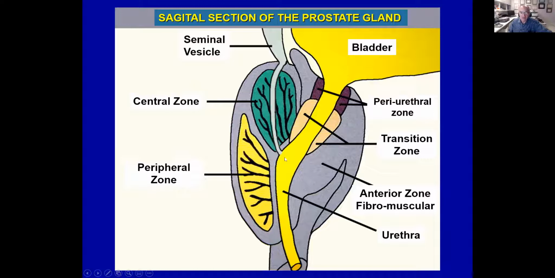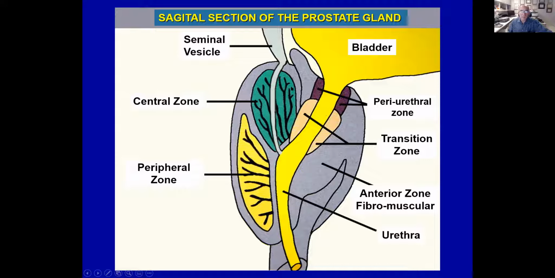The urethra has this angulation that goes from the anterior aspect of the bladder, and then posteriorly it becomes angulated to go into the penile urethra.